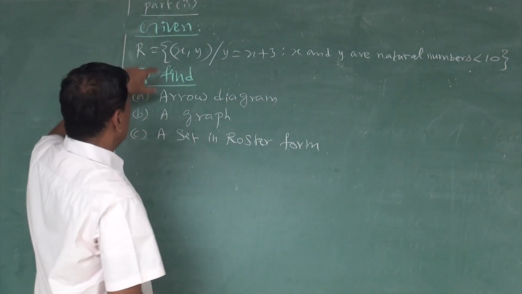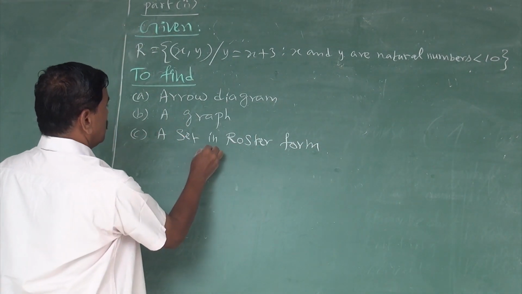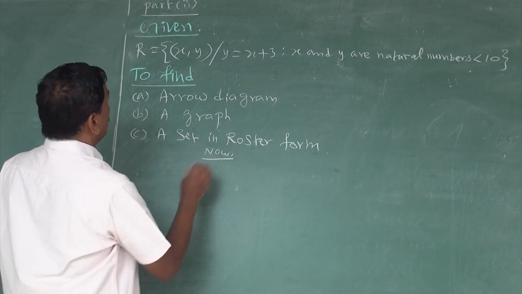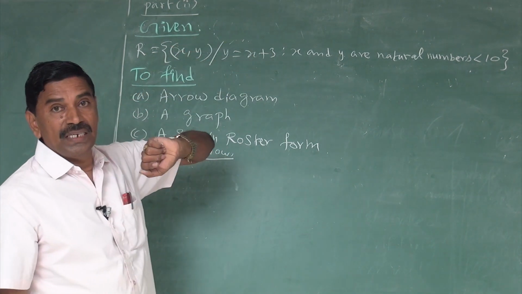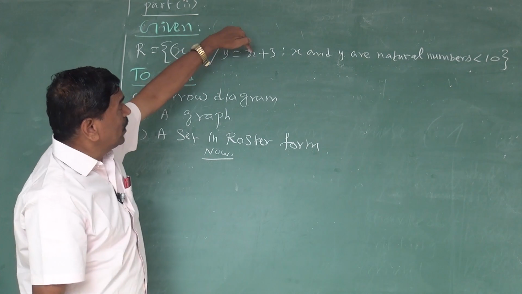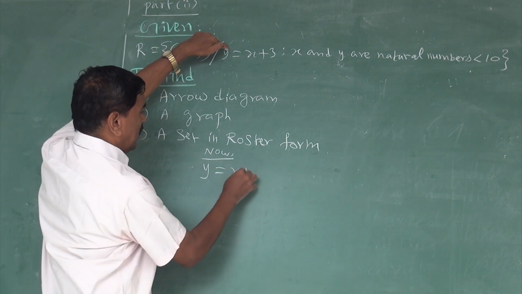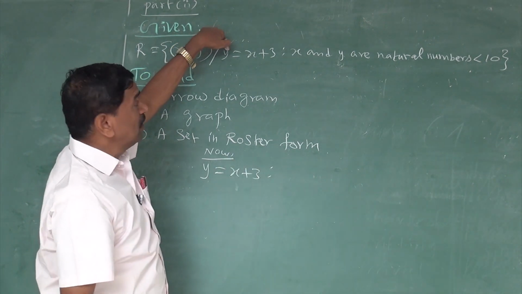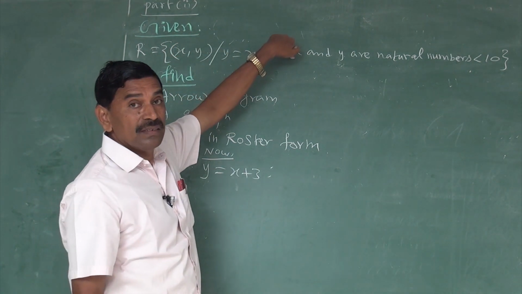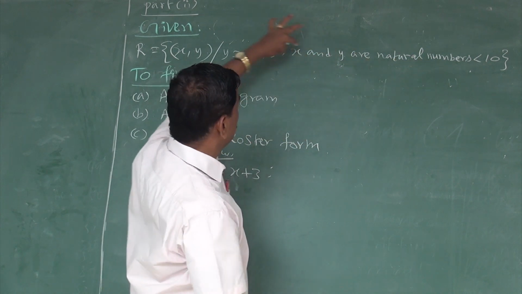Okay, again given to find. Now take the condition. What is the condition? Yes, y is equal to x plus 3, such that x can take the values 1 to 9.